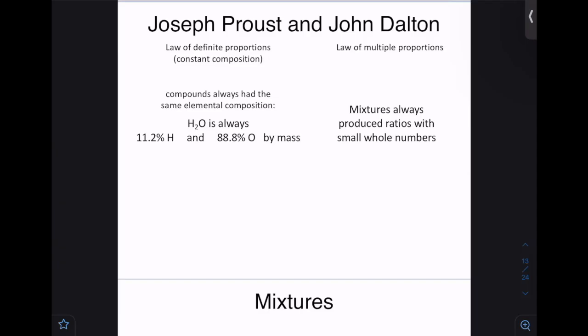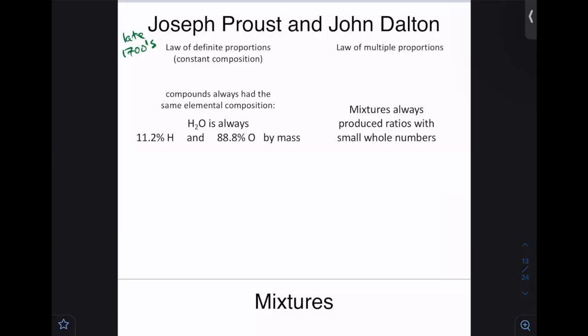All right. So we're going to talk about Joseph Proust and John Dalton. And this work was done by Joseph Proust in the late 1700s. And again, this is just to put it into context for you. What Proust was doing was working with metals and working with oxygen.